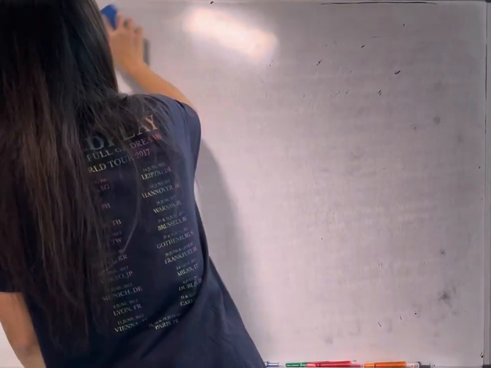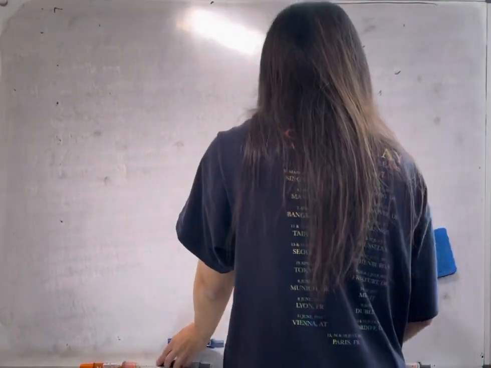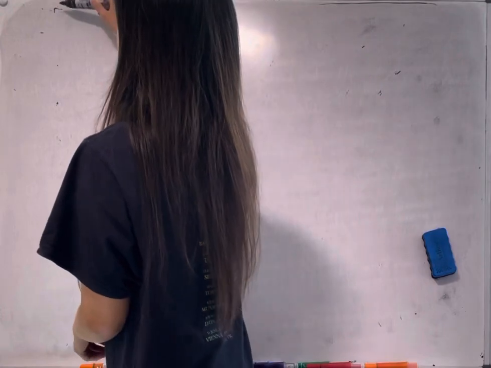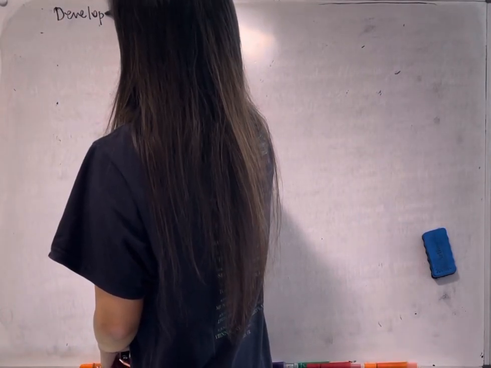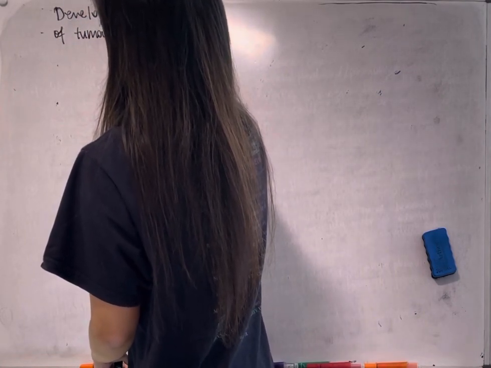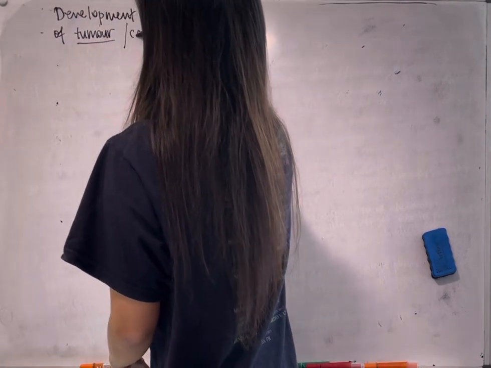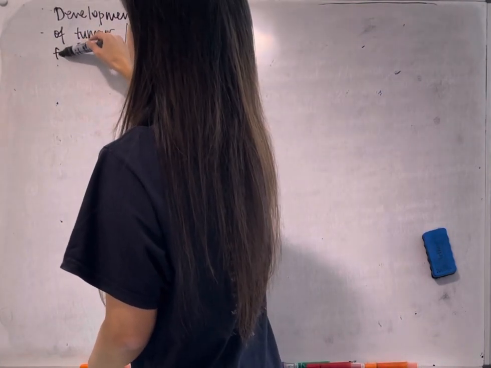I expect everybody to know the difference already. But the most common question they like to ask is, again, describe the key features for the development of either, sometimes they use the word tumor, sometimes cancer formation.